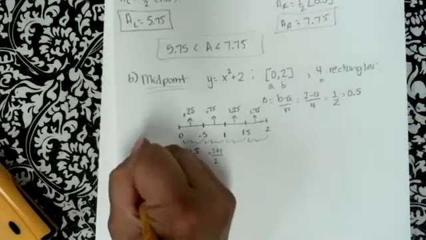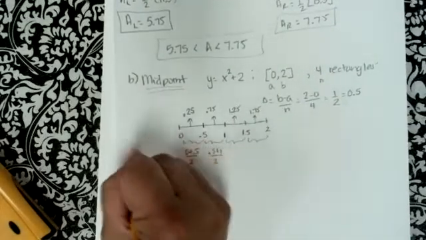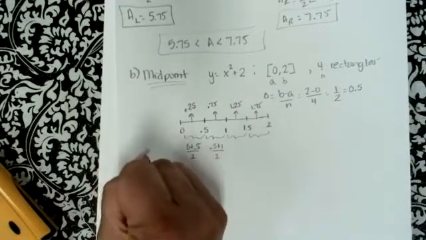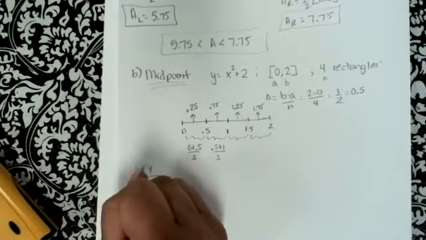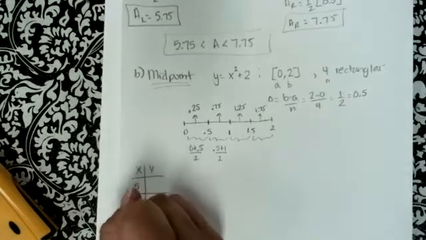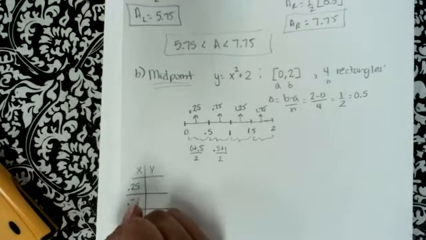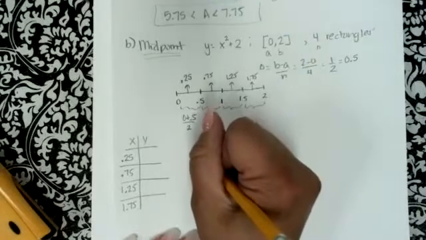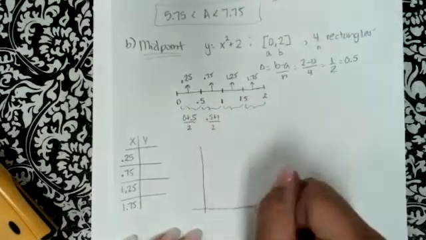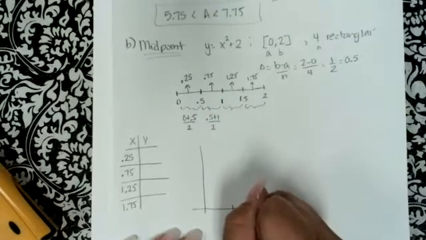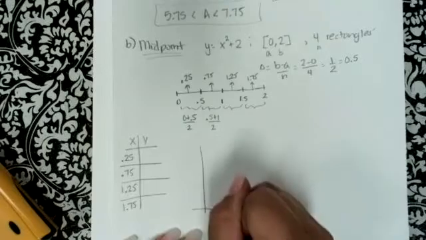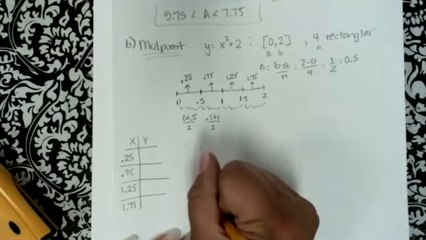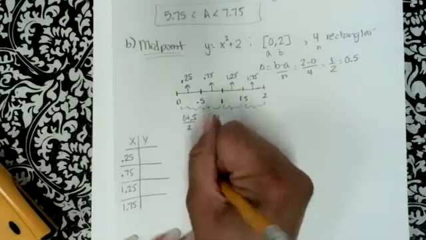So when I'm doing my T-chart, these are the 4 x-values that I want. I want the 0.25, 0.75, 1.25, and 1.75. I'm going to go ahead and draw my graph though. 1, 2, 3, 4, 5, 6.